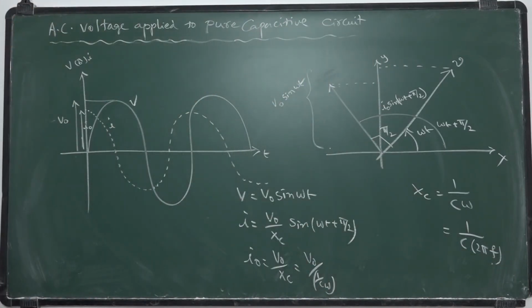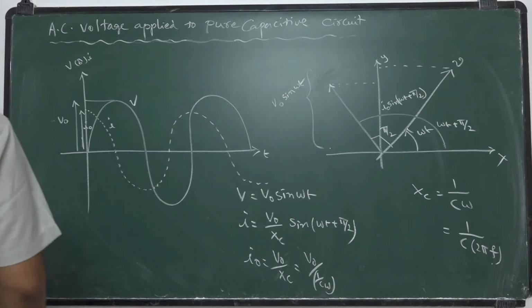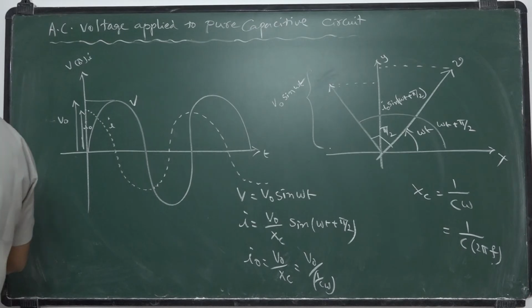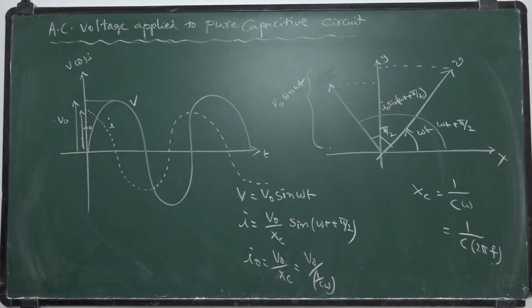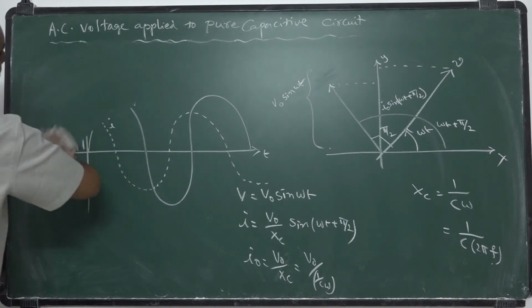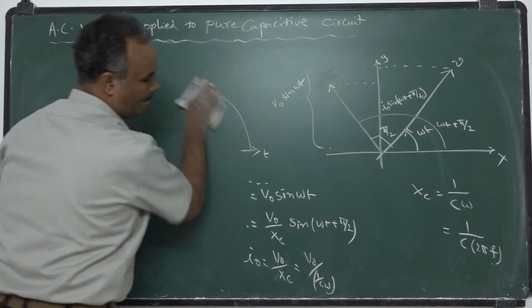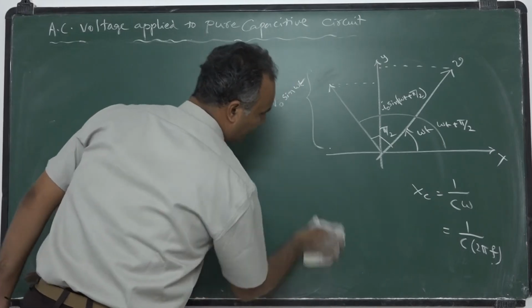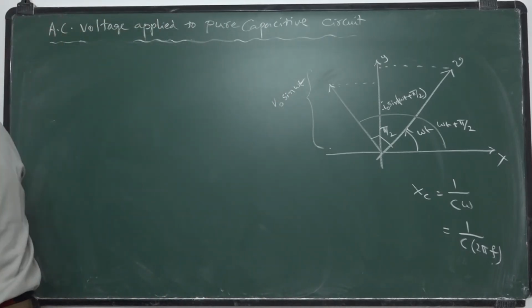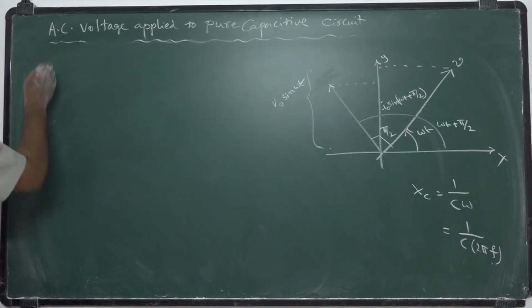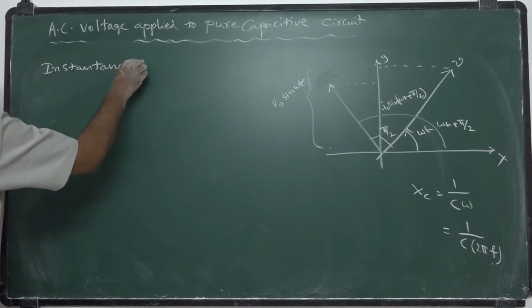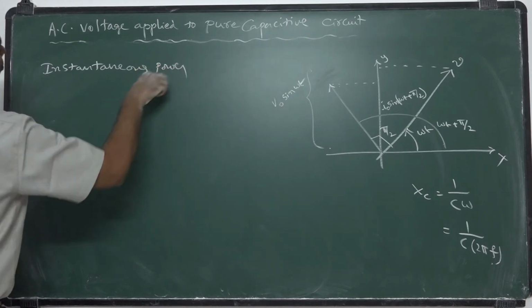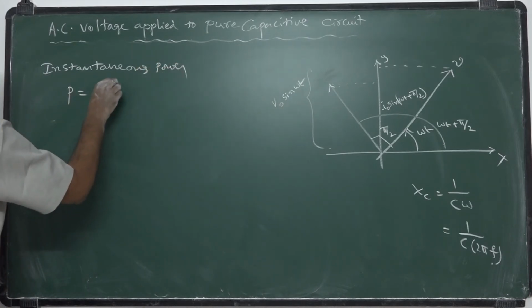Now let me calculate the instantaneous power as well as the average power in a pure capacitive circuit. First let me calculate the instantaneous power. So power is voltage into current.